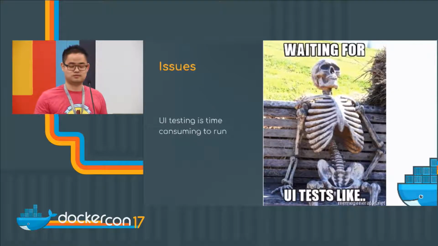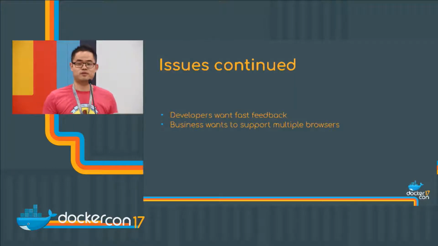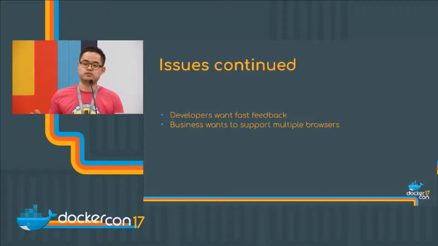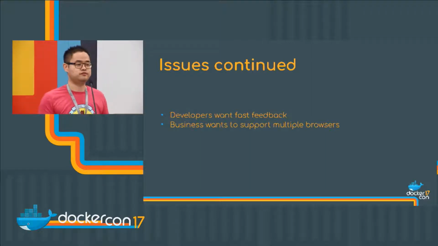The second issue is our developers in the team want fast feedback on their code commits. This requires automation tests to be part of the build process. But I cannot run a real browser in a headless build server. So that's when a remote browser platform came into the picture.